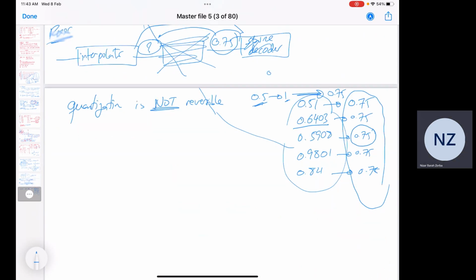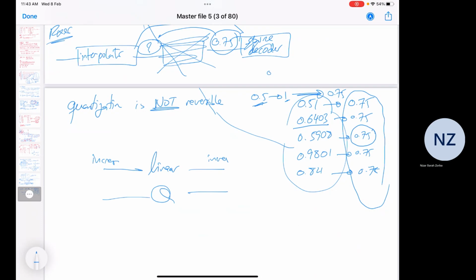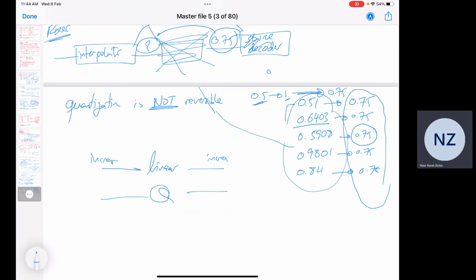Is this operation linear? By definition, what is a linear operation? Linear means that whenever there is an increase at the input, there is an increase at the output. So the question is, is the quantizer linear? Notice the example: I increase from 0.5 to 0.64.